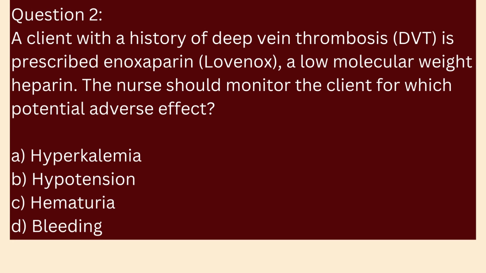Question 2. A client with a history of deep vein thrombosis, DVT, is prescribed enoxaparin, Lovenox, a low molecular weight heparin. The nurse should monitor the client for which potential adverse effect? A. Hyperkalemia. B. Hypotension. C. Hematuria. D. Bleeding.